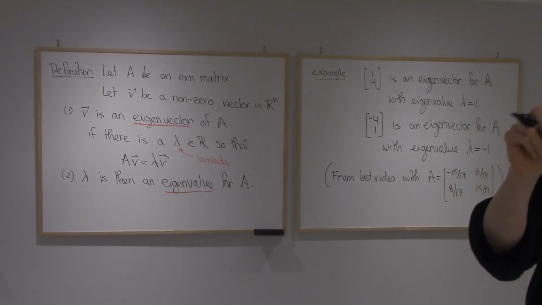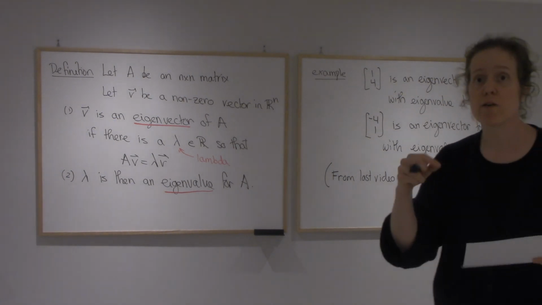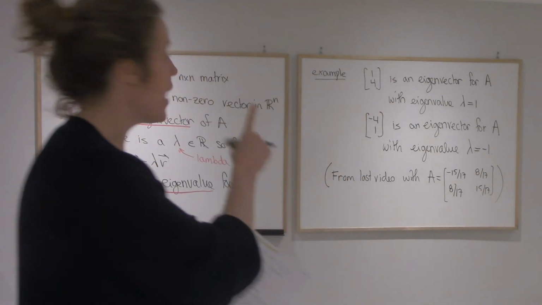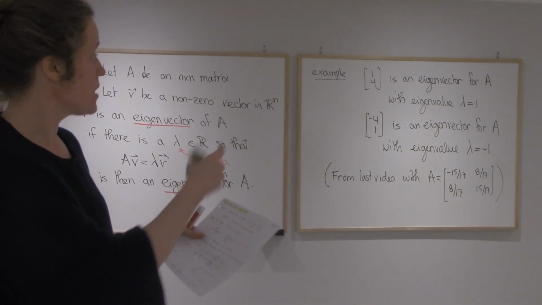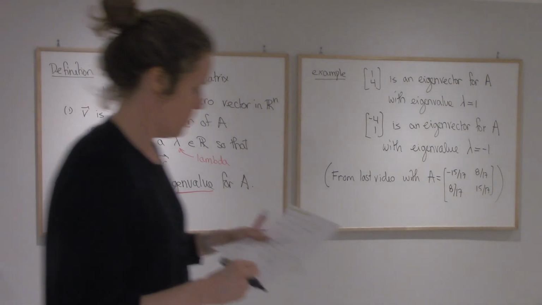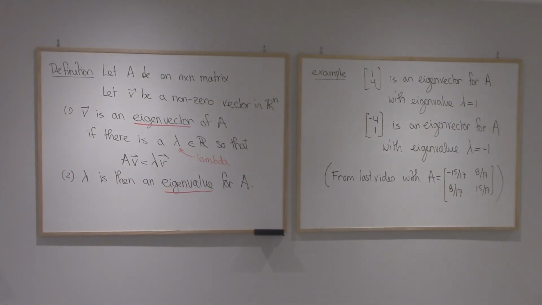Those special vectors that helped us figure out what the matrix was actually doing are called eigenvectors, and the eigenvalue tells us what the action is on those special vectors.